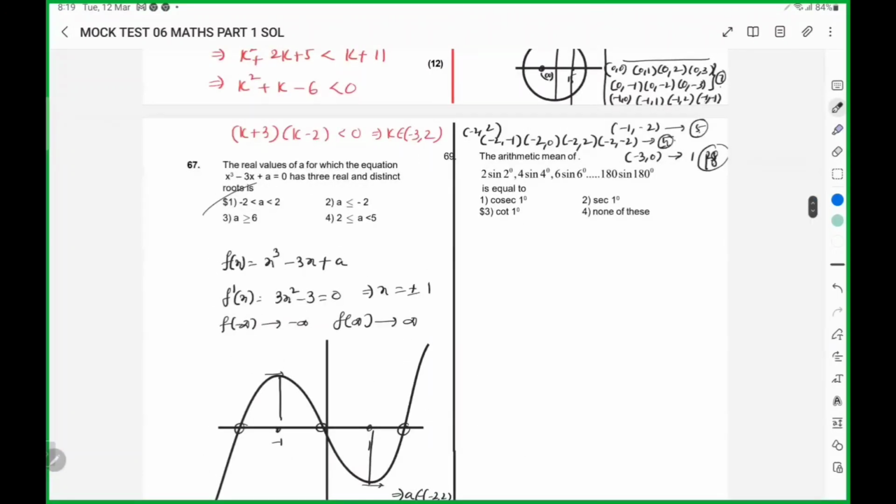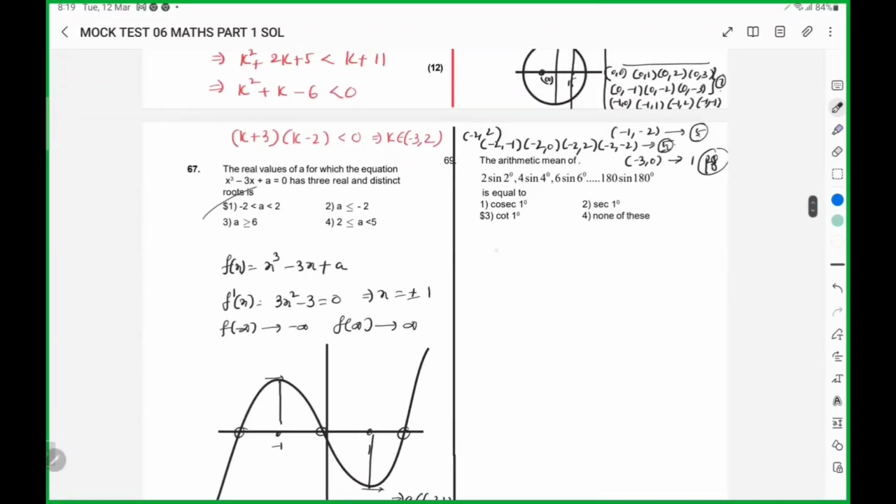Here, the arithmetic mean of 2 sine 2 plus 4 sine 4 plus 6 sine 6, up to 180 sine 180. Arithmetic means here 2 to 180, 90 terms are there.